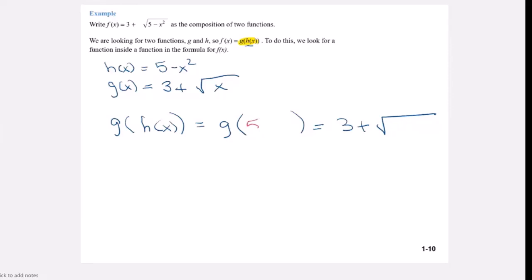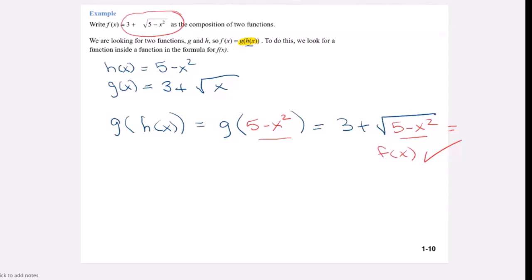So 5 minus x squared, remember, that would normally be my x, and this would normally be x, but I'm going to replace it with 5 minus x squared, which is exactly what we started with. This equals f of x. So check.